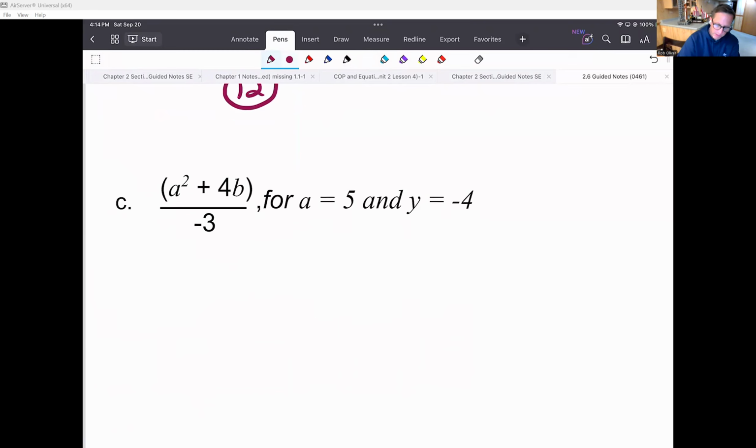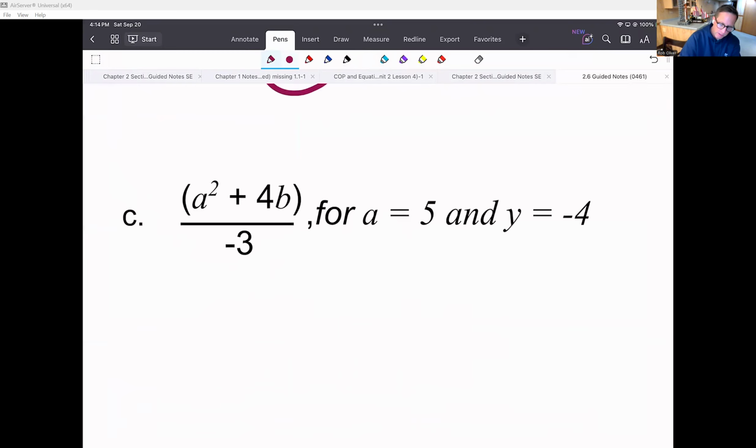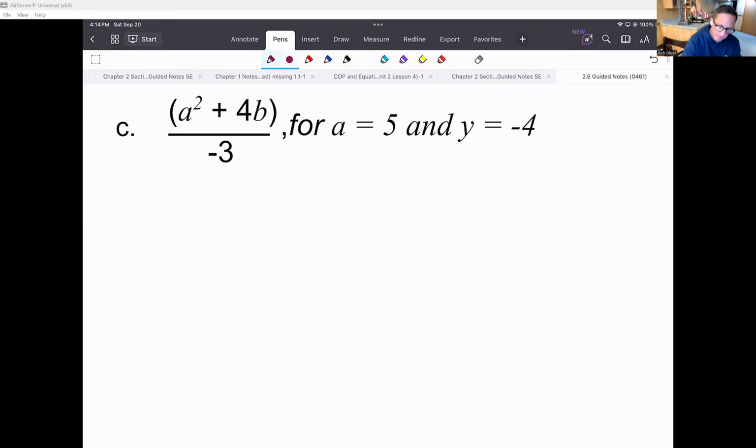All right, next one here, the last one. We're going to put in 5 for A, and -4 for B. So I'm going to do this: there's where the A goes, times 4 times B. And I know you might ask, where did the brackets come from?